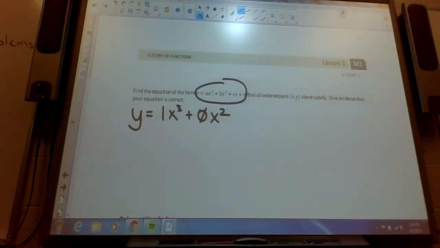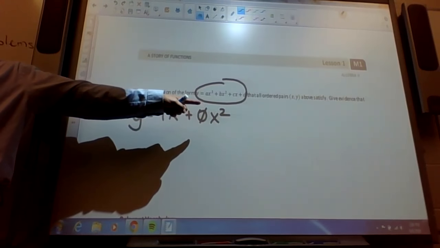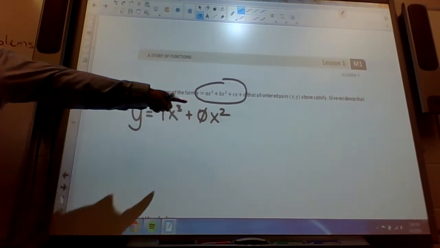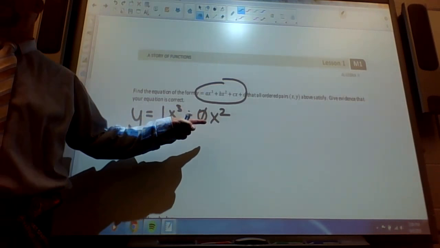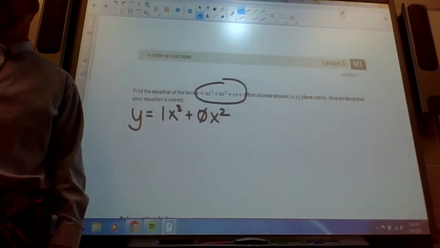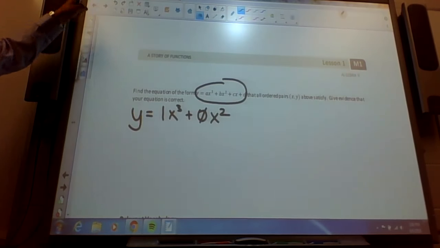When we come to our final answer, do I have to write 0x squared? Does it serve us any use? No, but for now, we're just going to keep track of it so I don't have to ask myself, did I figure out what b was?